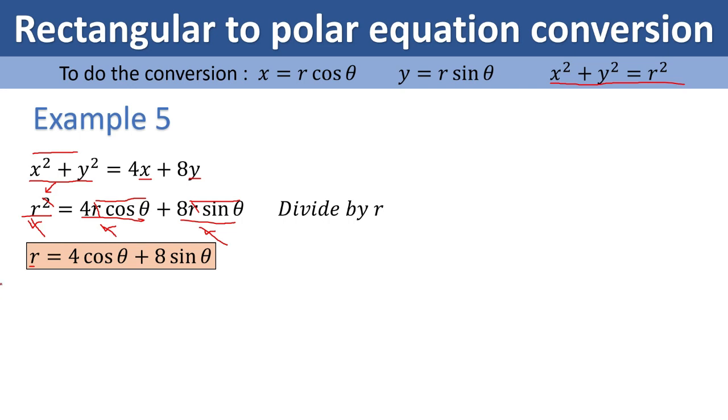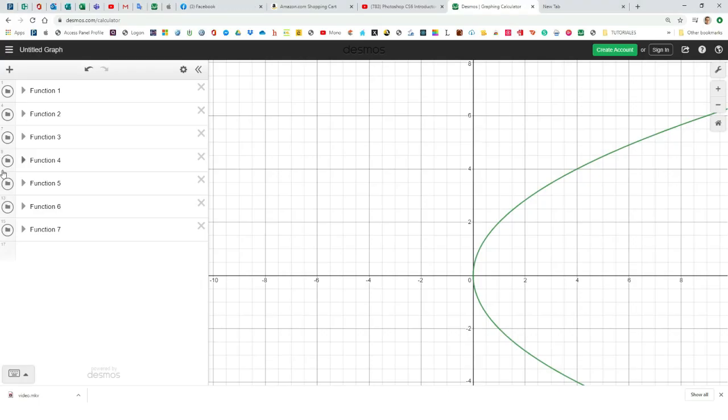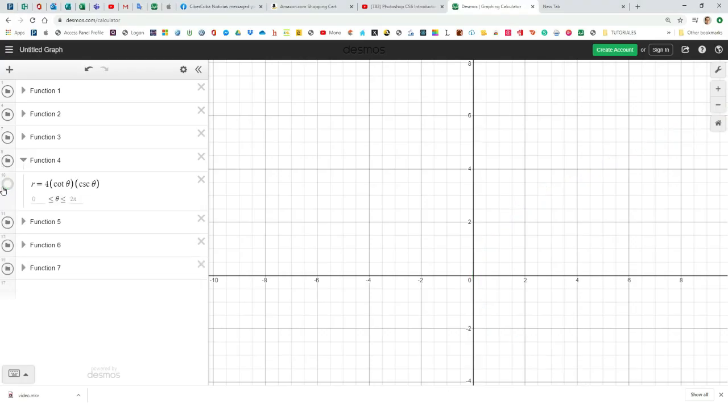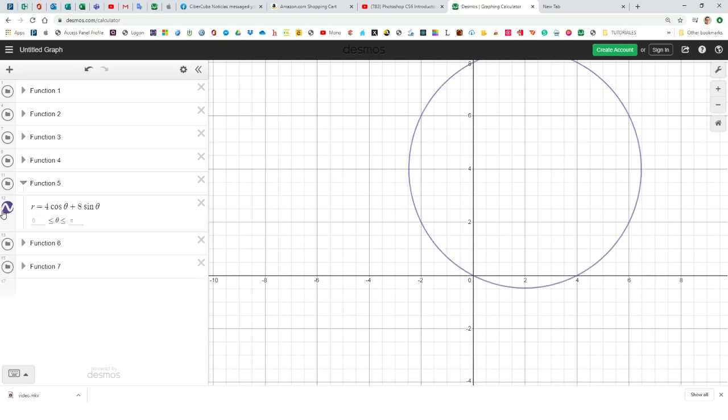Okay? What graph is this one? We go now to my graph. It's function number 5. It is the circle, and the center is (2, 4).